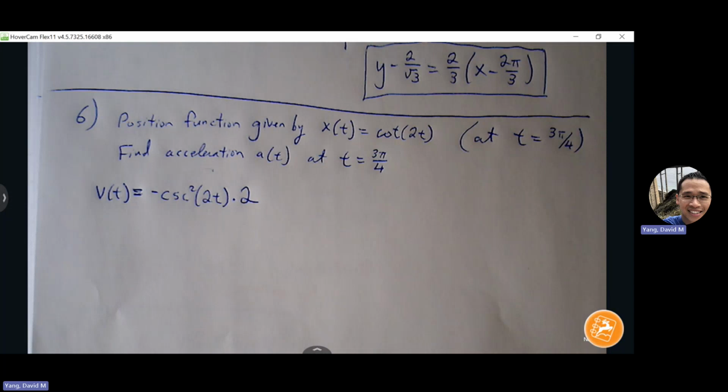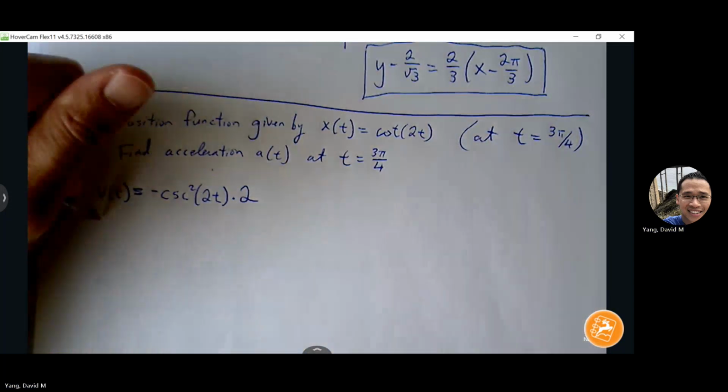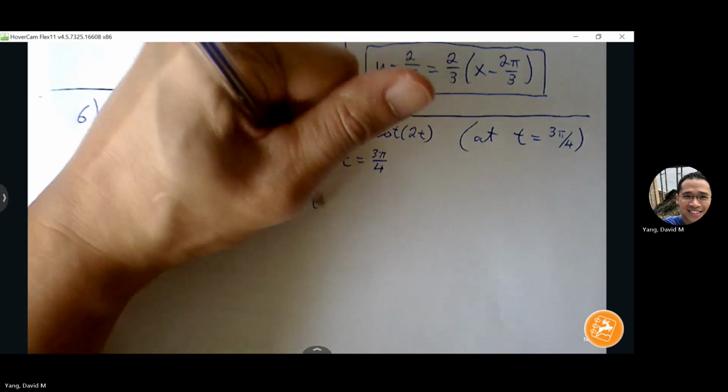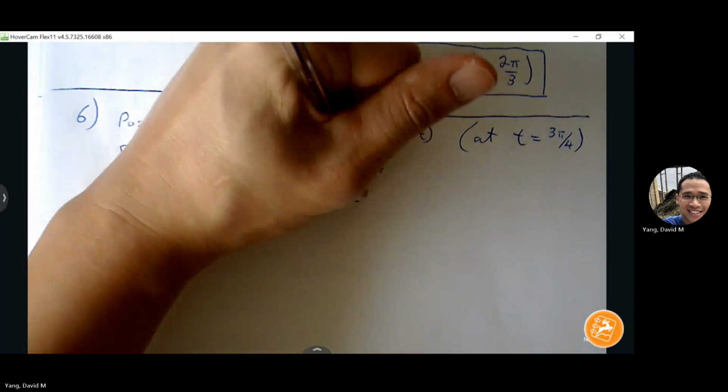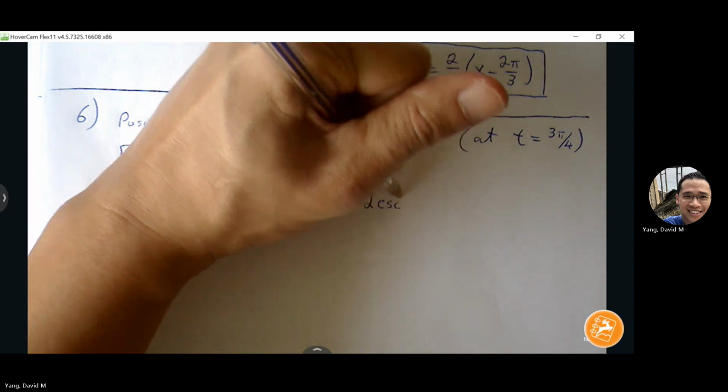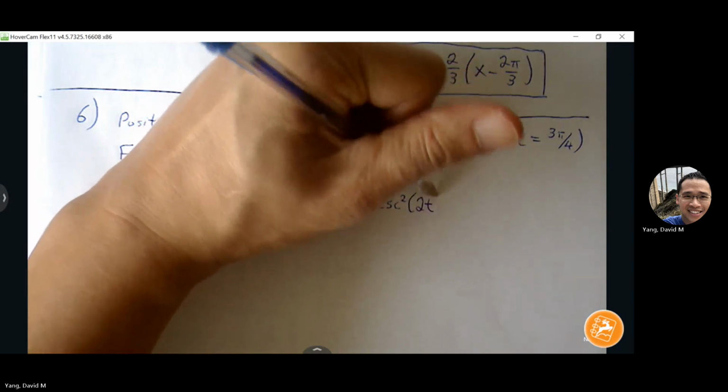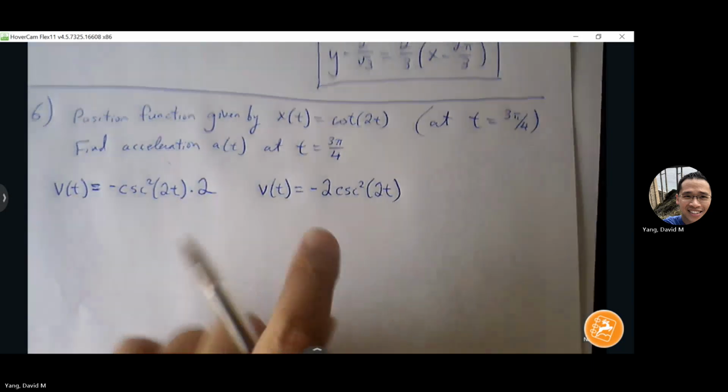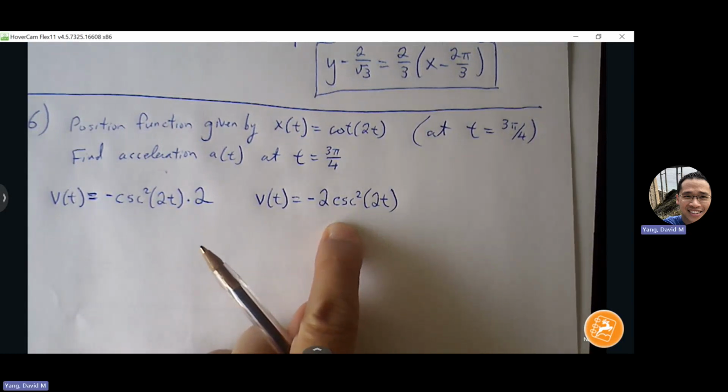Okay, cotangent derivative is negative cosecant squared u times u prime. Look at the form for velocity here.